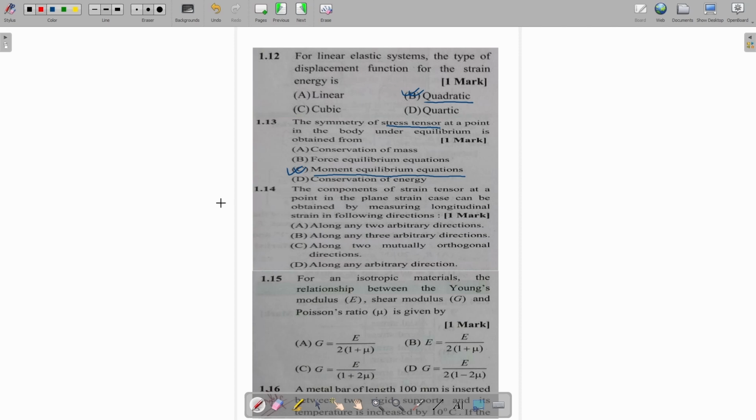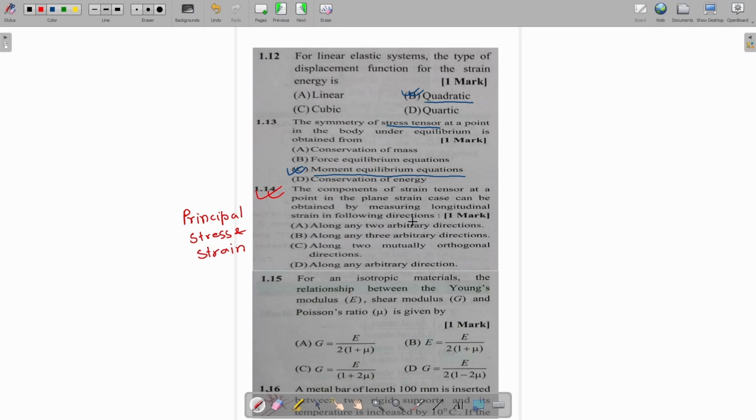Now for question number 14. This particular question is from principal stress and strain. The component of stress tensor at a point in a plane strain can be obtained by measuring longitudinal strain in the following direction.